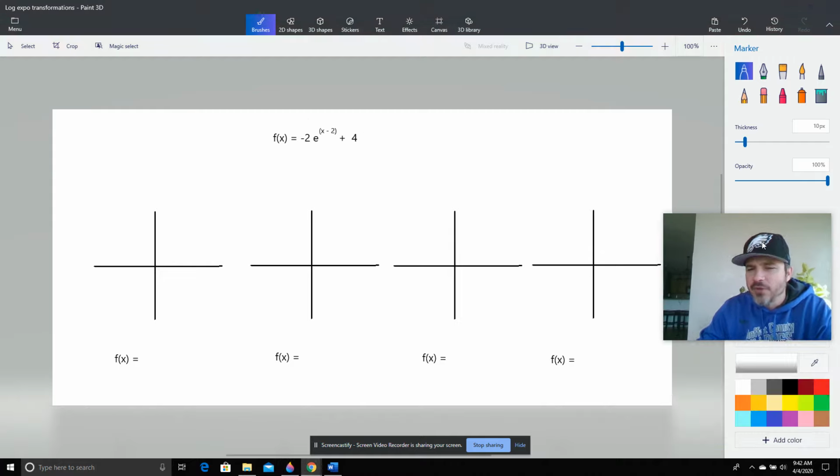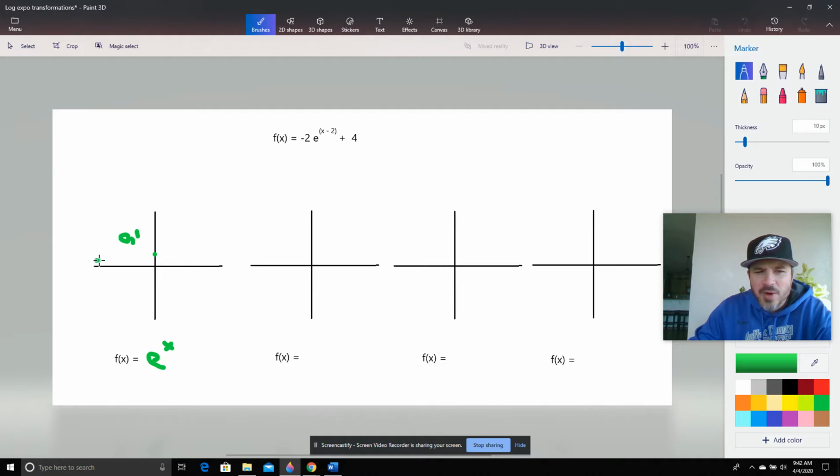Okay. So first thing is I want to know my parent function. So the parent function here is e to the x. Things that we need to know about the parent function: well, it goes through this point (0, 1).